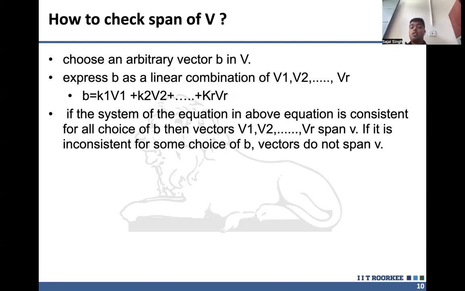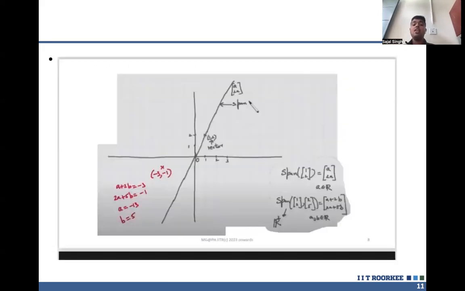When b or any vector is equal to K1 V1 plus K2 V2 plus K3 V3 and so on till Kr Vr. If the system of equations in the above equation is consistent for all choices of b, then vectors V1, V2 until Vr span V. If it is inconsistent for some choices of b, the vectors do not span V. Here you can see which is justifying span and which is not.